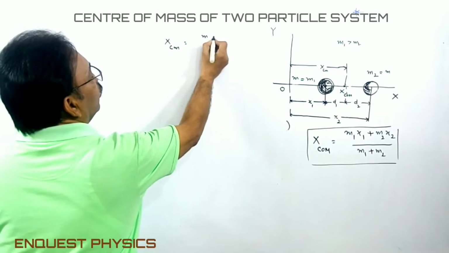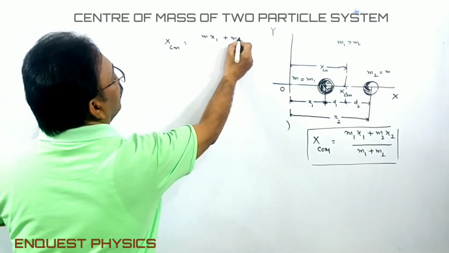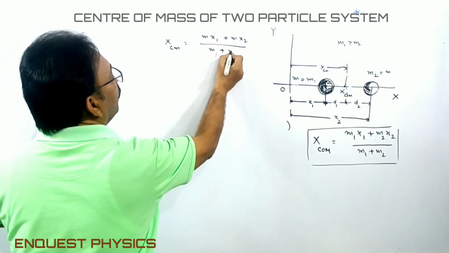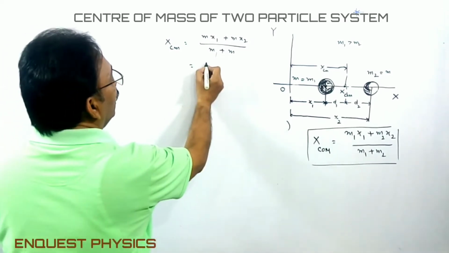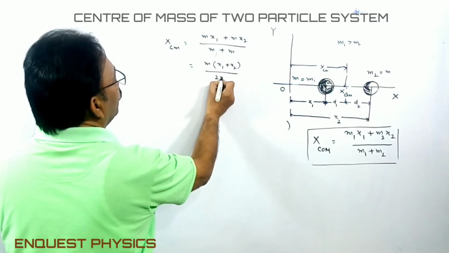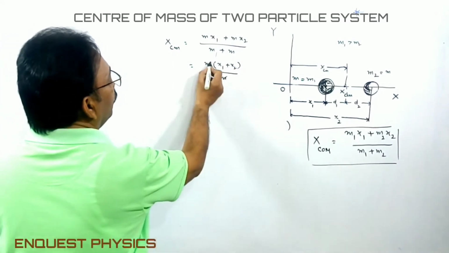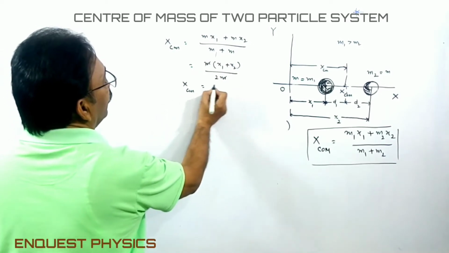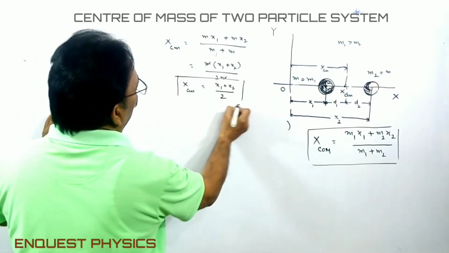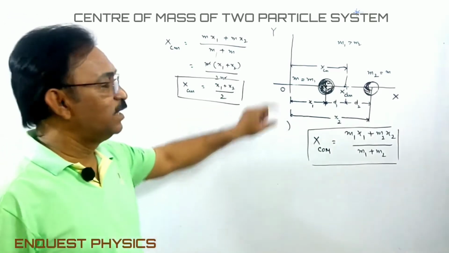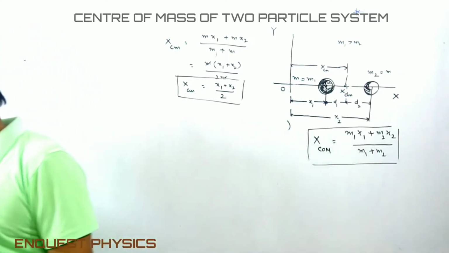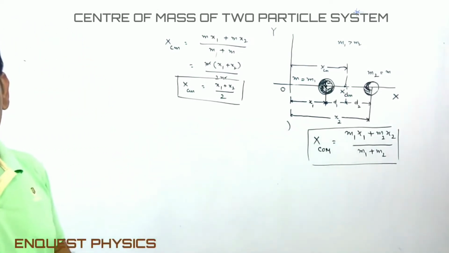Xm is equal to m x1 plus m x2 by m plus m. It is m of x1 plus x2 by 2m. Then the m's get cancelled. Xcm is equal to x1 plus x2 by 2. It is the mean distance between the two bodies. In this way, you can find the center of mass of a two-body system, students.